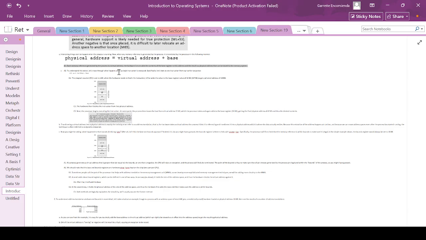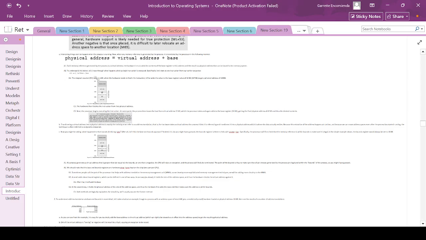Again, it's the hardware that adds the contents of that virtual address to the base register, because we still have this architecture of one base register and one bound register that allows us to control this memory.